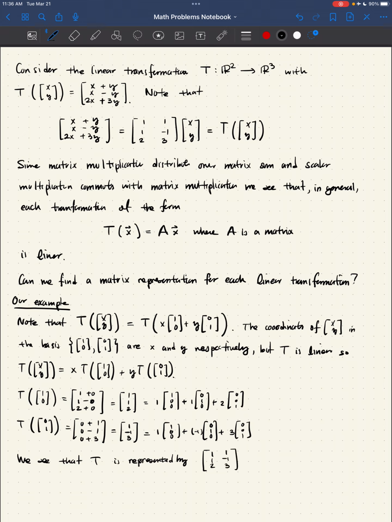But each of these columns that we're writing here has an interpretation, because this one is really the coordinates of T of 1, 0 under the standard basis. This one, analogously, represents the coordinates of T of 0, 1 under the standard basis.